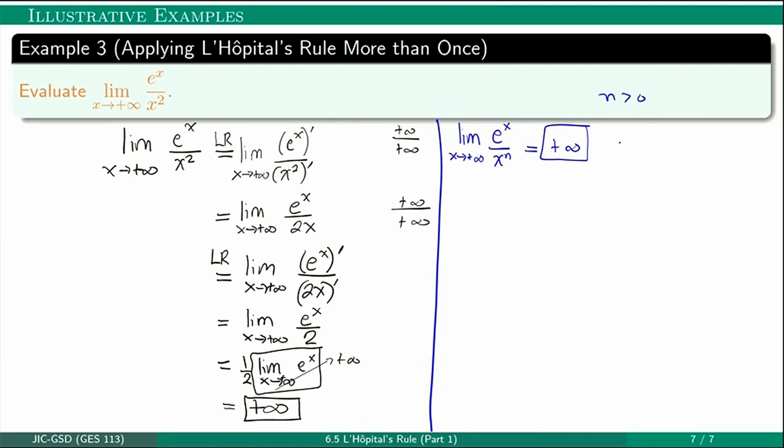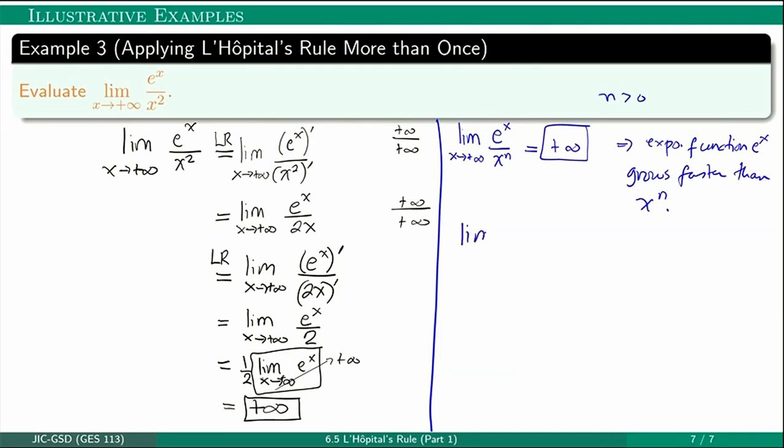Now this means actually that the exponential function e to the x grows faster than x to the power n. That only means that the numerator is getting bigger and bigger faster than the denominator.